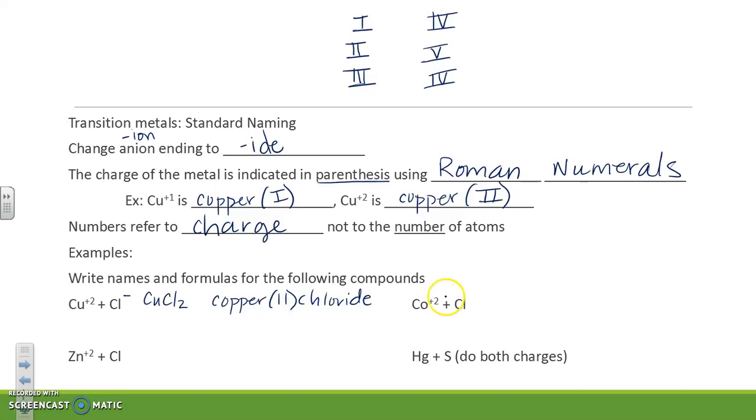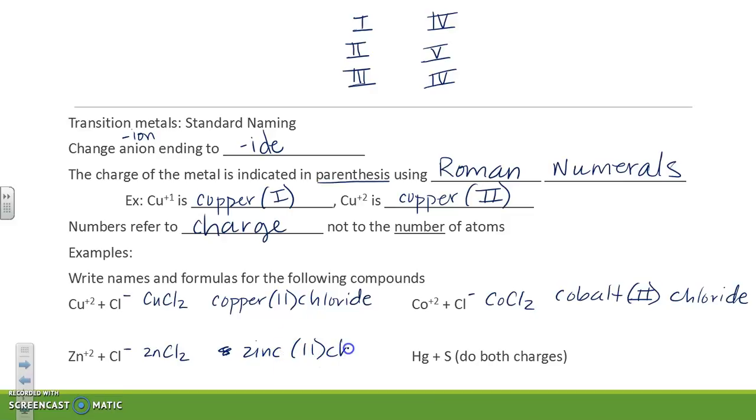Okay, here, cobalt with a +2 and chlorine has a -1, so it would be CoCl2, and it would be cobalt(II) chloride. That's pretty easy, right? All right, Zn with a +2 charge and chlorine with a -1 charge, so it would be ZnCl2, and you would write it as zinc(II) chloride.